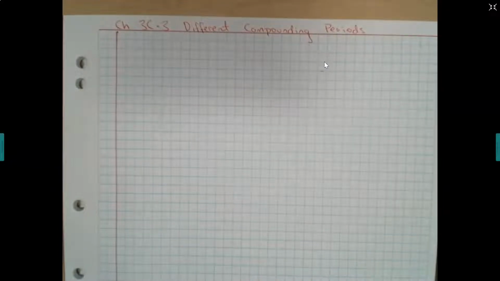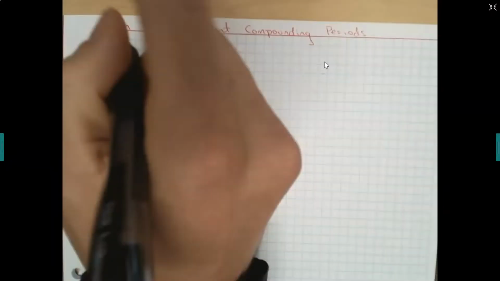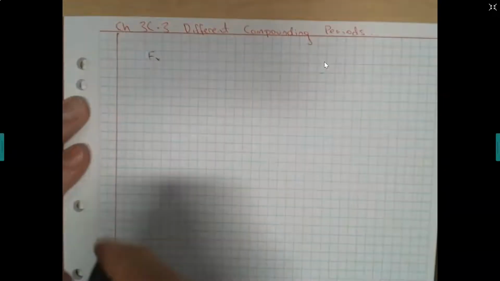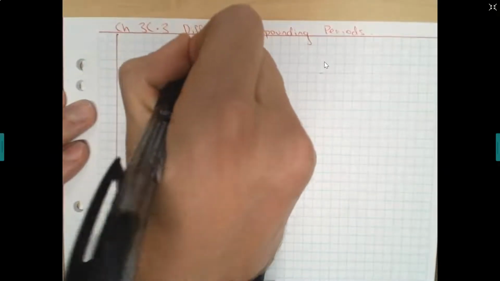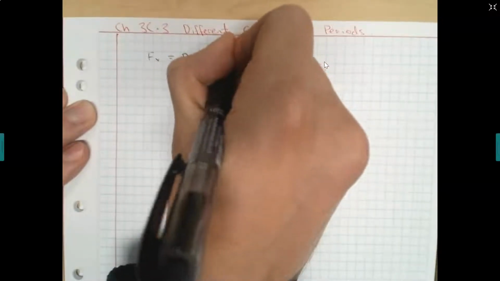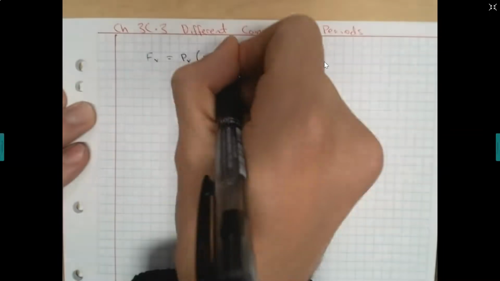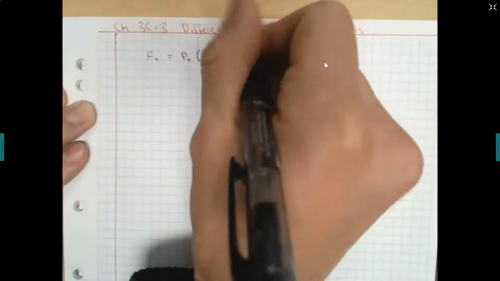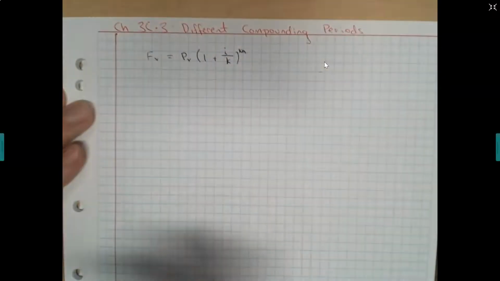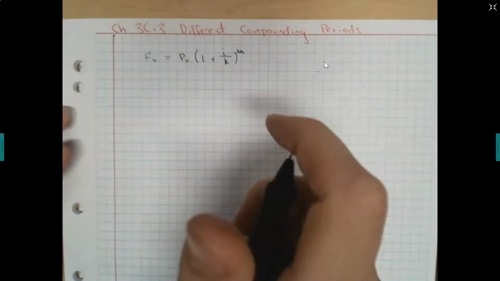So as always, it's a good idea to start by writing that compounding formula. So FV, or the future value, is equal to the present value, or the principal, times 1 plus the interest rate over the number of times that it's compounded per year, which is k, to the power of k times n, where n is the number of years.